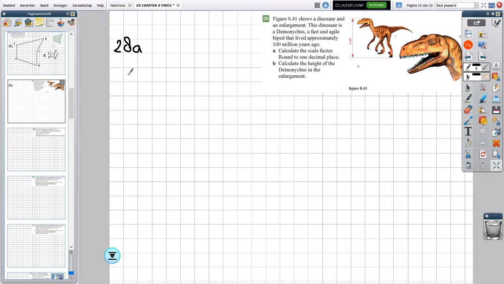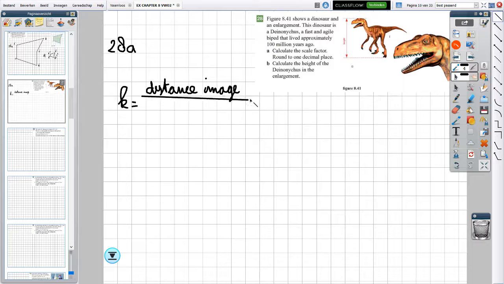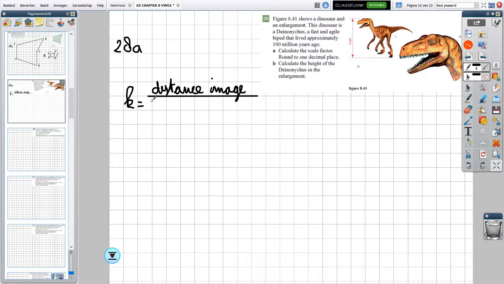If I want to calculate the scale factor, k, I have to do a distance in the image, divided by a corresponding distance in the object.